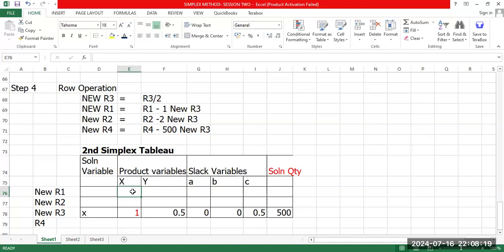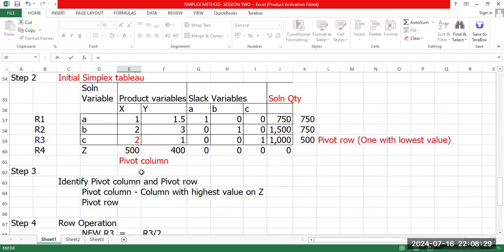So to get the value here, the formula is telling us that we get the original row 1. What was the value here? The value is 1. You subtract, open bracket on your calculator.